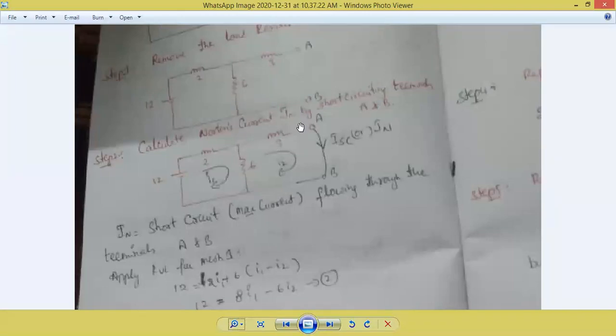How to calculate Norton's current: by short circuiting the terminals A and B. In the previous circuit, A and B are open. Short circuiting the terminals A and B means placing the copper wire between terminals A and B. You just draw a line here between A and B.